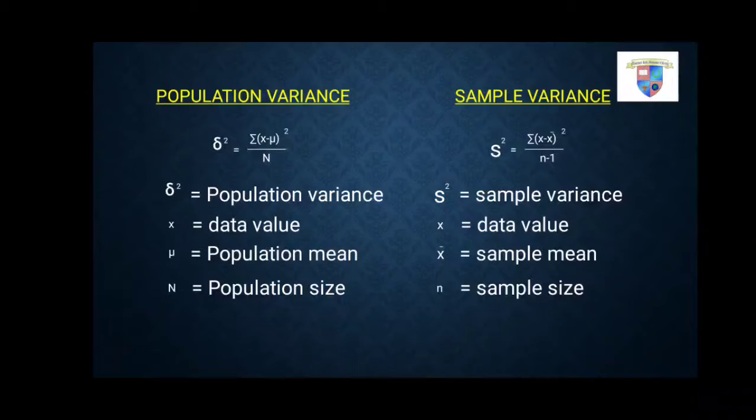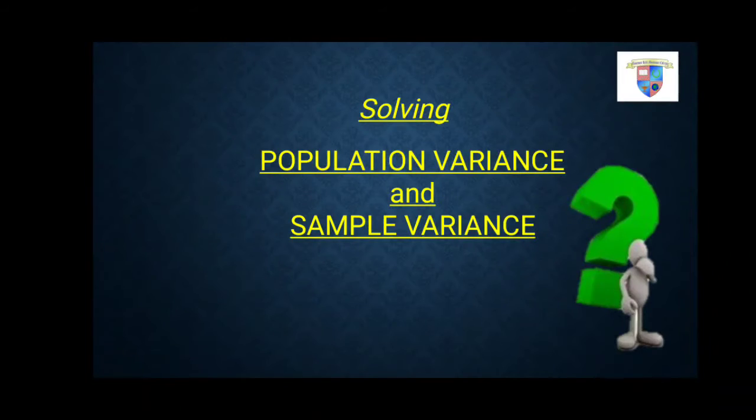On the right side of the slide, it shows the formula of the sample variance. So S squared equals the summation of x minus x bar, in parentheses, squared, over n minus 1. So S squared is the sample variance, x is the data value, x bar is the sample mean, and n is the sample size.